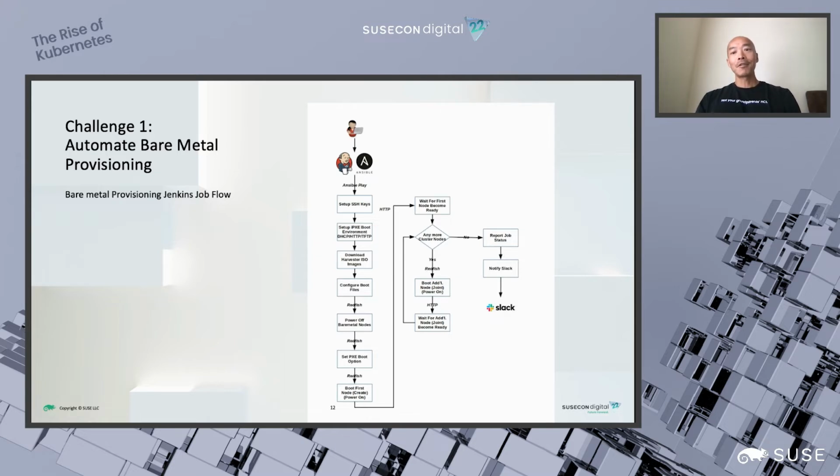Then it uses Ansible templates to configure iPXE boot files by updating them with the locations of those images, along with each of the bare metal servers' configurations, like the network interface names, MAC addresses, and things like that. Prior to installing Harvester, we want to make sure all the servers are in the power off state. So in this case, we just use the Redfish APIs to power them off.